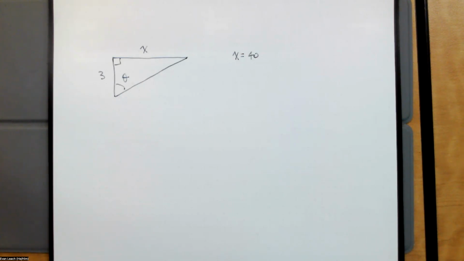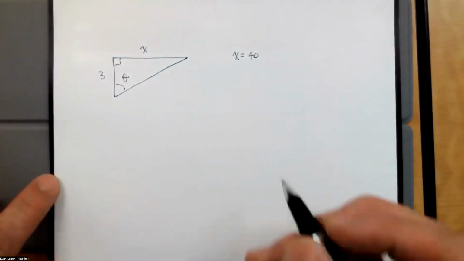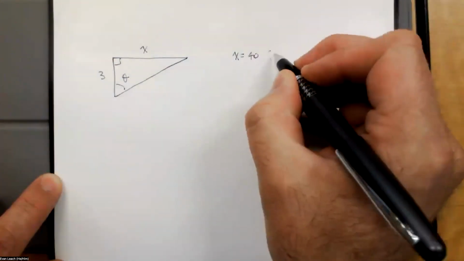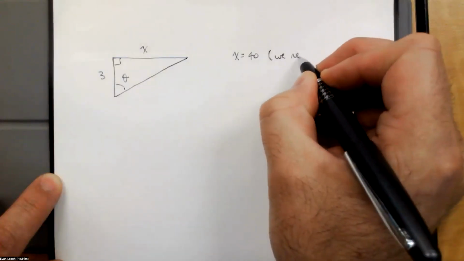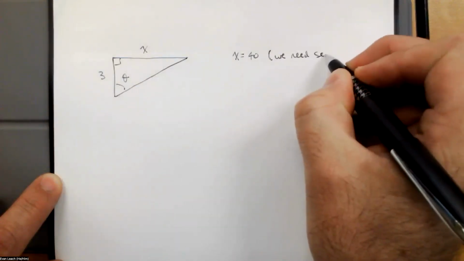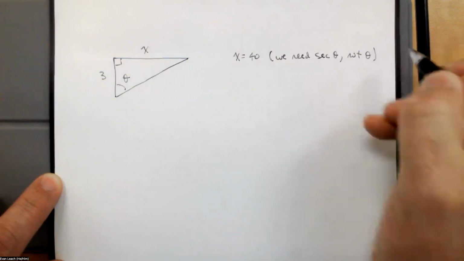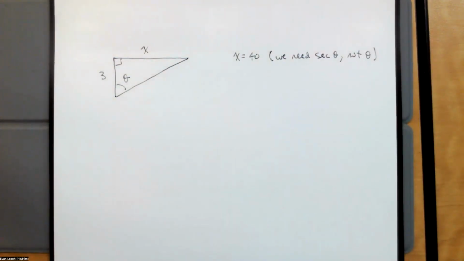We can figure out what theta is, but we don't need to know that. We need to know the secant of theta so that we can square it. So when x is 40, we could solve for theta, but we don't really need it. So actually, we don't need theta, we need secant of theta.